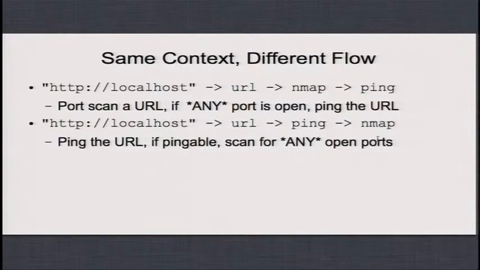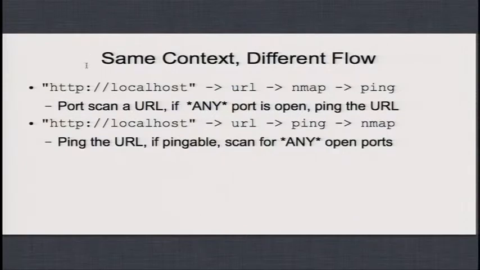So this is an example of how the context actually allows you to change the flow of the application without worrying about it being piped in the correct order or in the correct sequence. As opposed to pure data flow programming, it wouldn't make sense in that sense to have ping after an Nmap, because if we look at it in the very pure basic data flow way, then ping should consume the actual target.